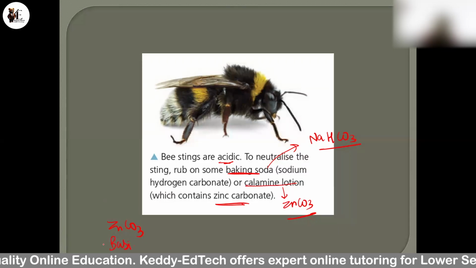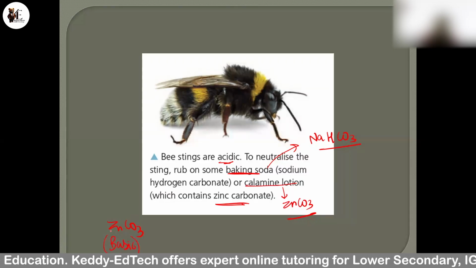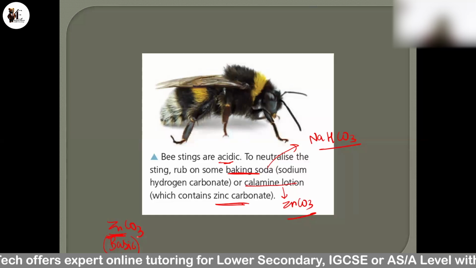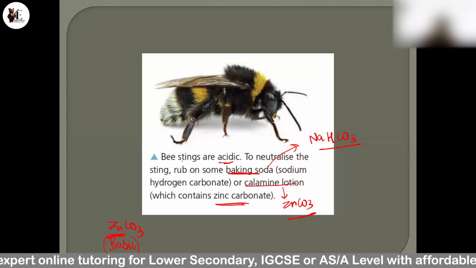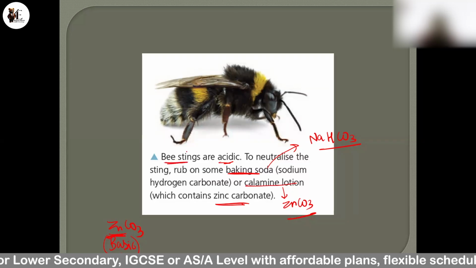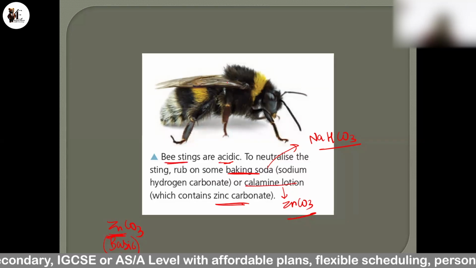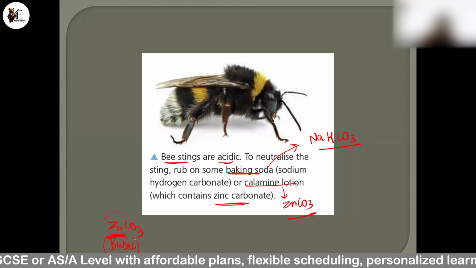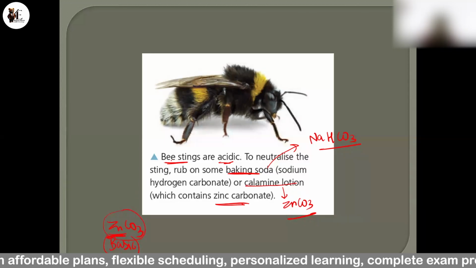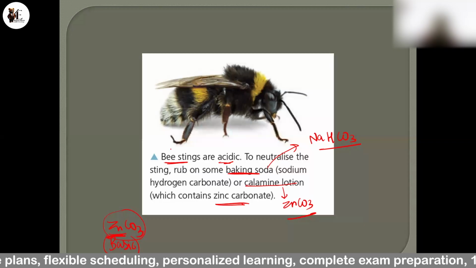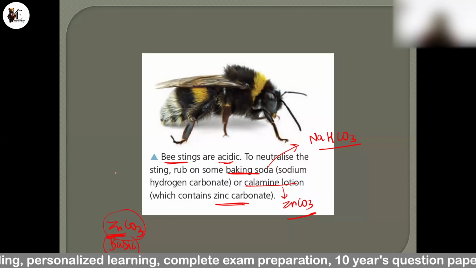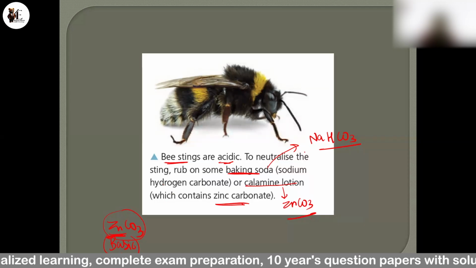That's why we apply the calamine lotion, which contains zinc carbonate, onto the skin where the bee has stung. So metal carbonates are basic in nature. Although it doesn't dissolve in water, it reacts with acid. It is a neutralization reaction, and it will give relief from the pain. So you have to remember that zinc carbonate is basic.